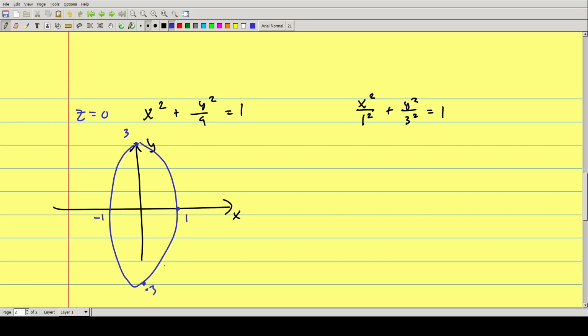Okay, so this tells us our shape here. If we picked other heights, we would get other slices, with harder to compute values, that would also be ellipsoidal. And taken all together, this information allows us to make a sketch for this particular quadratic.